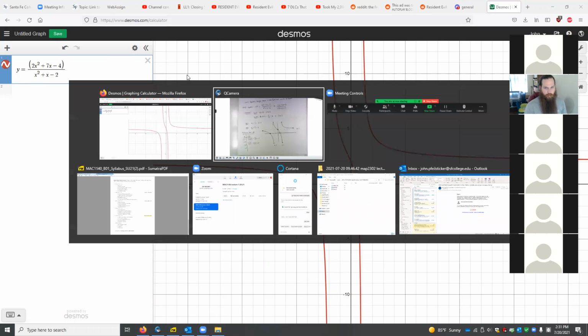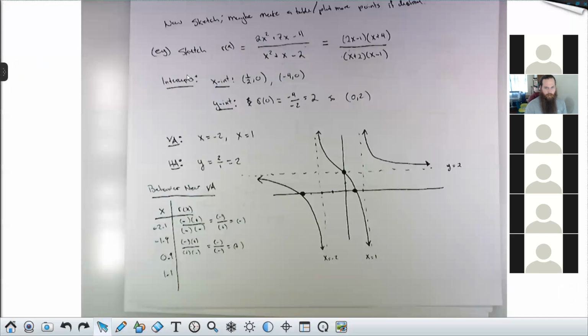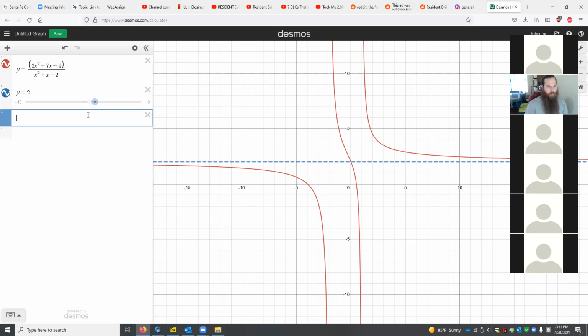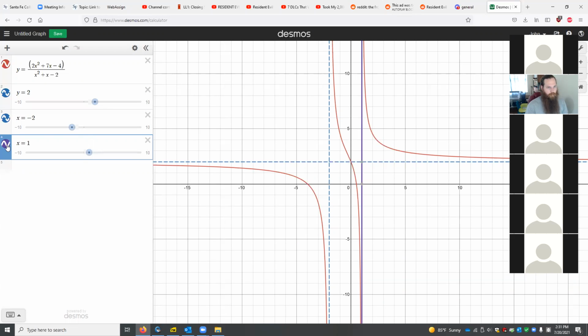Oh, yeah, it's not bad, right? If I add in the asymptotes, so x equals -2 and x equals +1, it's just like our picture.